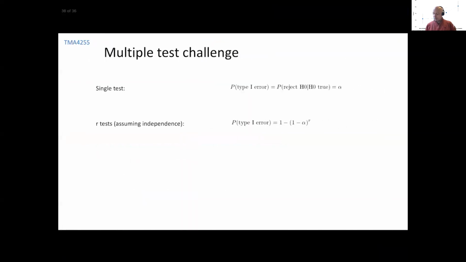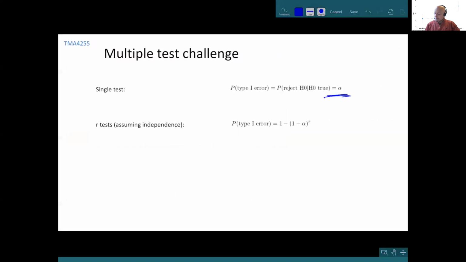As I said, multiple testing is a challenge if you start looking at many contrasts, because if you do a single test, you can easily keep the right significance level. But if you start doing many different tests, you have to worry about your significance level, because if you do many tests, you're very likely to reject one of them or two of them or three of them. So if you do this by looking for a rejection, you're doing the wrong exercise.